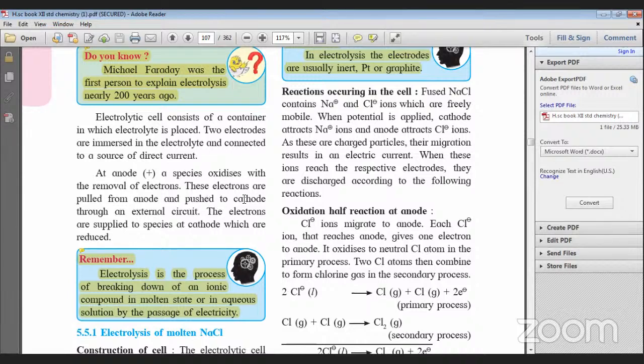So through the electric circuit, the electrons which have been released at the anode by the oxidation process get transferred from anode to cathode by an external circuit. Whereas at the cathode, what happens? Cathode species accept those electrons.